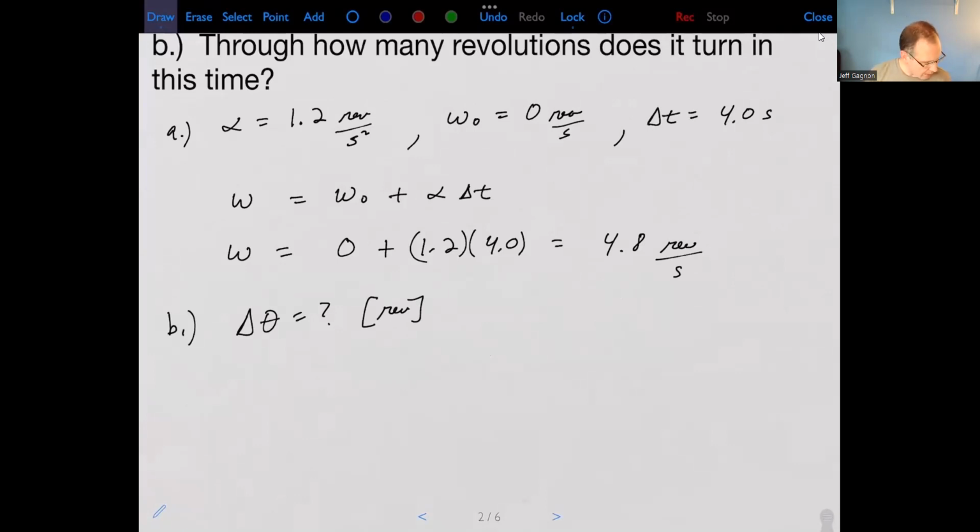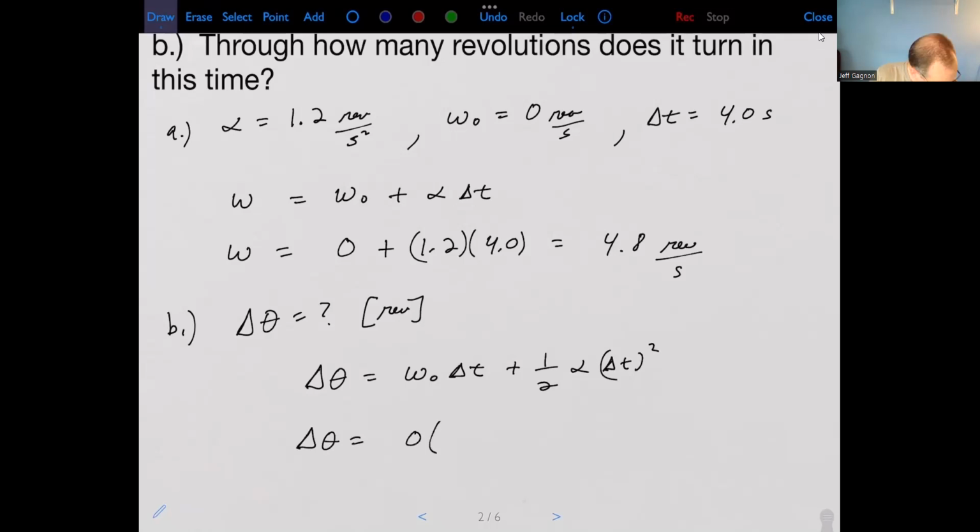So again, if we look at our equations, it looks like this one will work. Delta theta is equal to omega naught delta t plus 1/2 alpha delta t squared. So delta theta is going to be 0 times 4 plus 1/2.